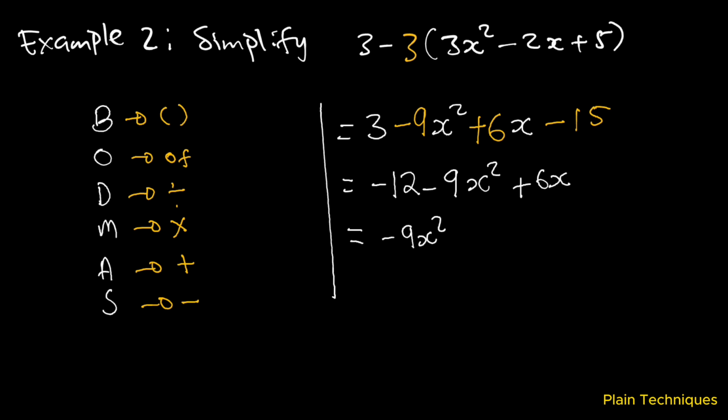So I'm going to write that positive 6x. Now the last one will be minus 12. So I'm just going to write minus 12. This is my answer. Okay, let's move to the next example.